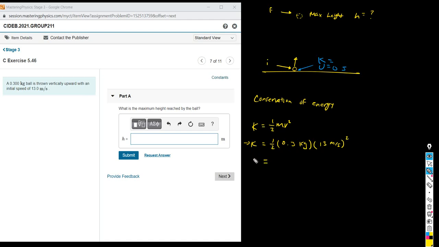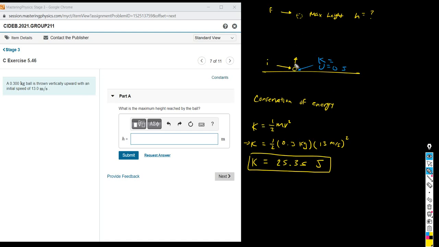I believe it's a good suggestion in order to keep the calculations clean. Okay, so let's calculate all of this: 1/2 times this number times the other number squared. I'm getting 25.35 joules. This is the kinetic energy that the ball has right at the beginning of its motion, right when it's thrown.